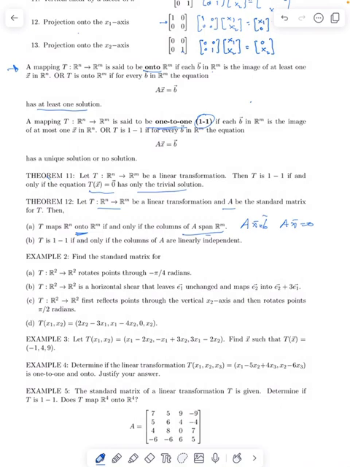Now T is one-to-one if and only if the columns of A are linearly independent. The definition we started with says T is one-to-one if each b in Rm is the image of at most one x in Rn.